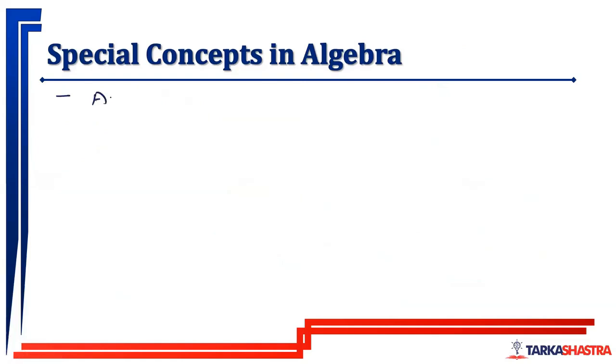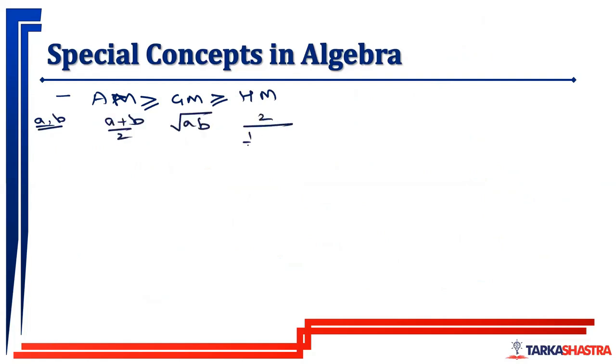Next is arithmetic mean is always greater than or equal to geometric mean, which is always greater than or equal to harmonic mean. Okay, let us say there are two values a and b. Their arithmetic mean will be a plus b by 2. Geometric mean will be root ab, and harmonic mean will be 2 upon 1 by a plus 1 by b.